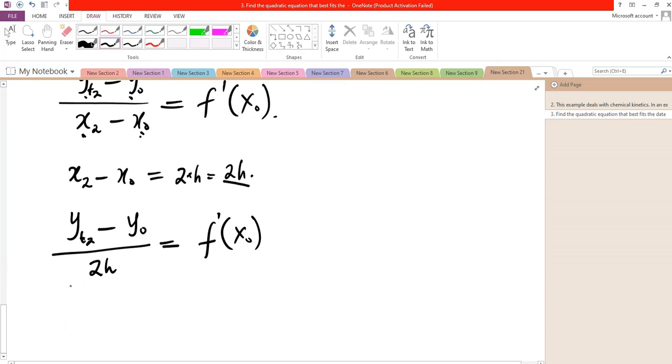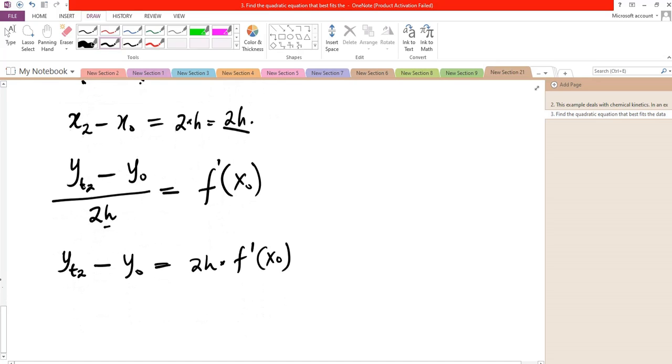So now multiplying both sides by 2h, I will have y subscript t2 minus y subscript 0 is equal to 2h times the first derivative function of x sub 0.